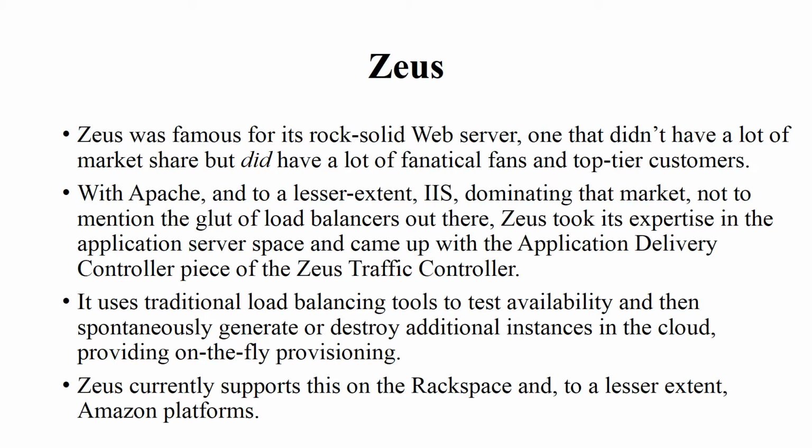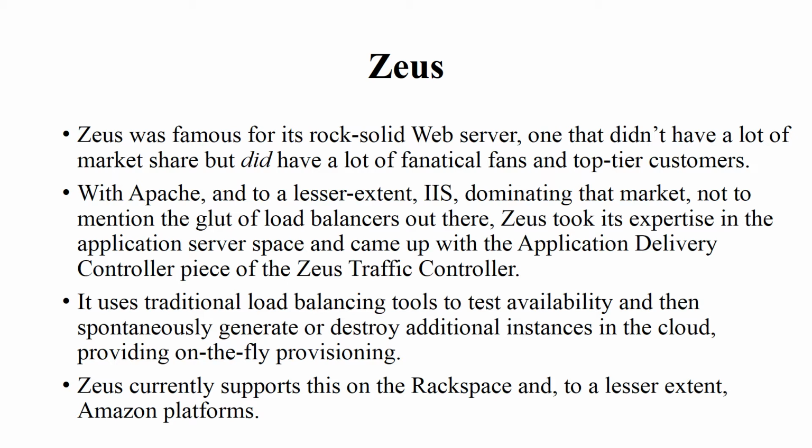Zeus took its expertise in the application server space and came up with the application delivery control piece of the Zeus Traffic Controller. It uses traditional load balancing tools to test availability and then spontaneously generate or destroy additional instances in the cloud, providing on the fly provisioning.